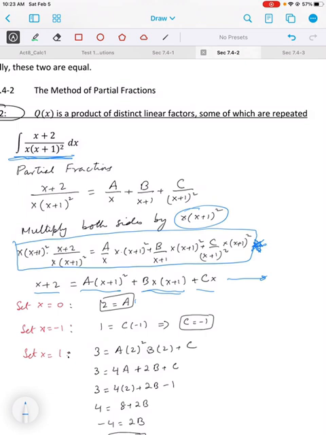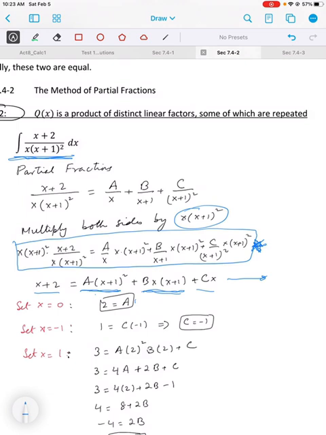The next one I will pick is x equals negative 1, because that is the other number which is not in the domain, and then plug in. The left hand side gives us 1. Notice the first term on the right hand side will vanish, and the second term will vanish, because putting negative 1 in the factor x plus 1 makes it 0, and we end up getting the third term multiplied by negative 1, which gives us C equals negative 1.